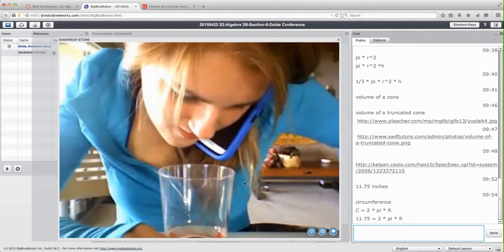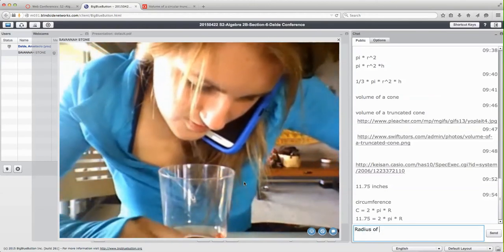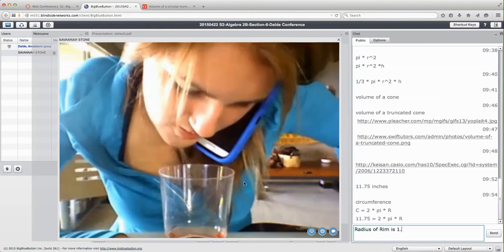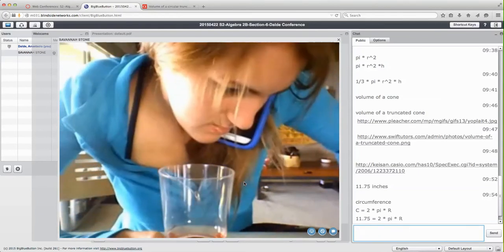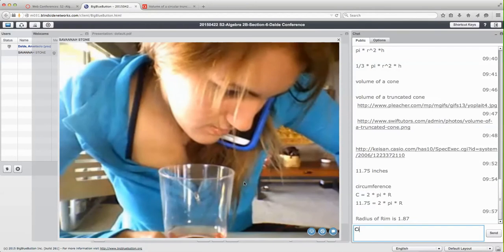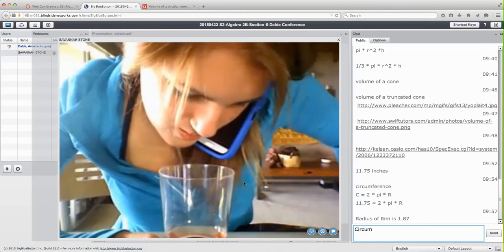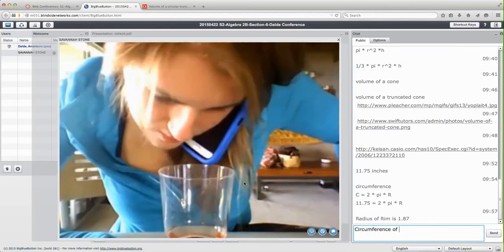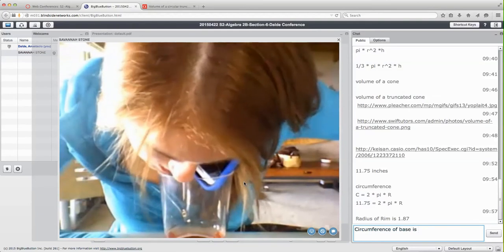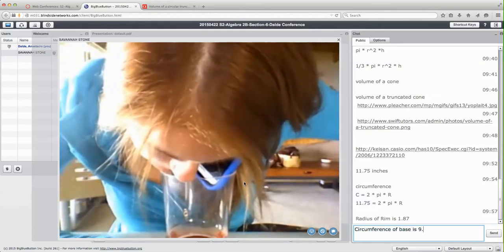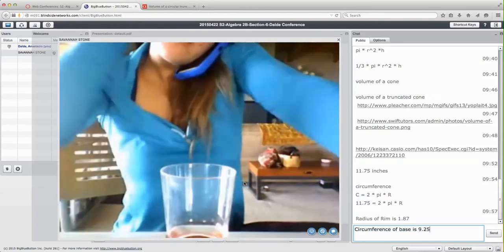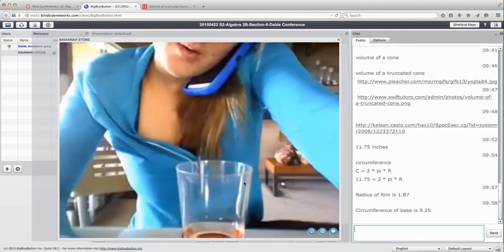Okay. Circumference of the bottom is 9.25. All right.